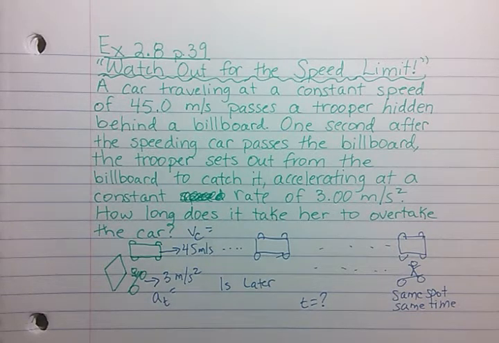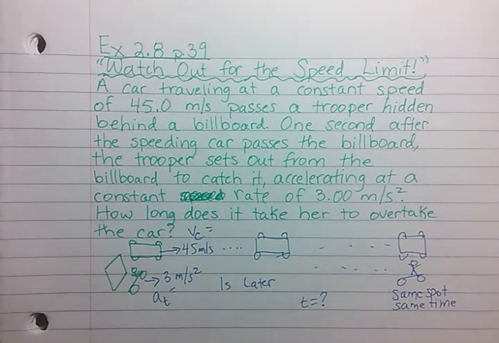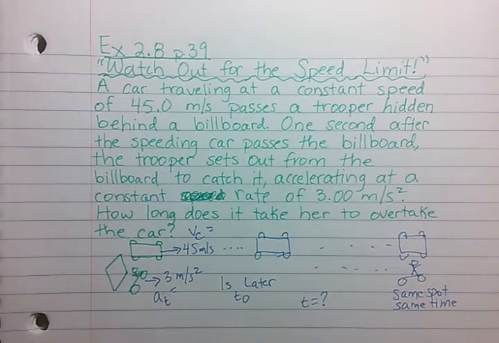So, first thing is we're going to count this 1 second later as time 0. The reason we're going to do that is because the trooper doesn't even enter the problem until this 1 second later in terms of motion. So, what we first have to figure out is how far this car will travel in 1 second. And that's pretty easy.